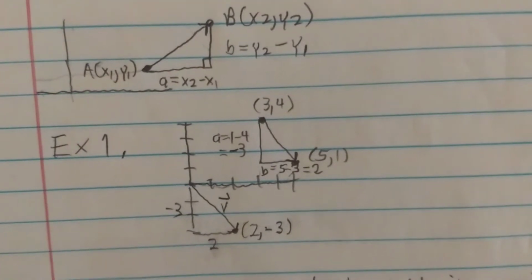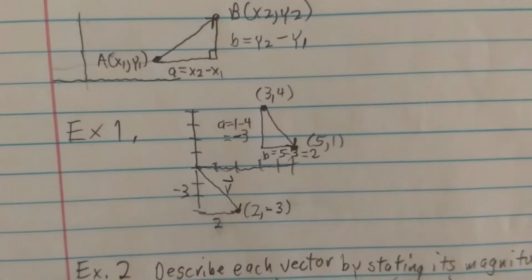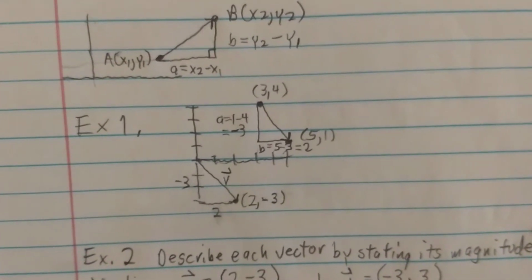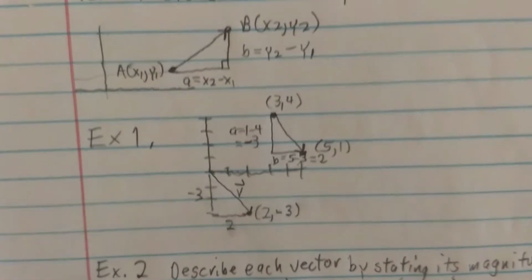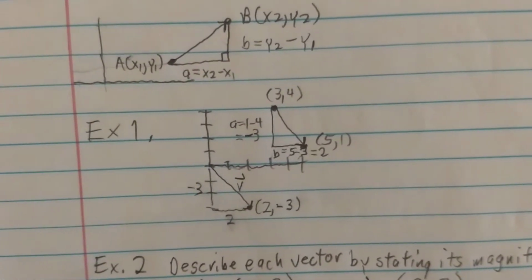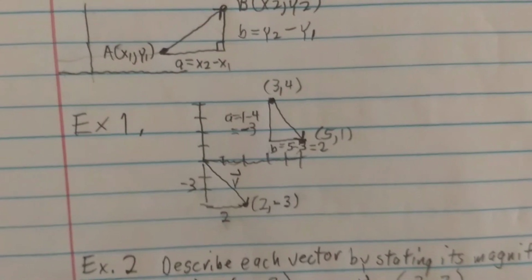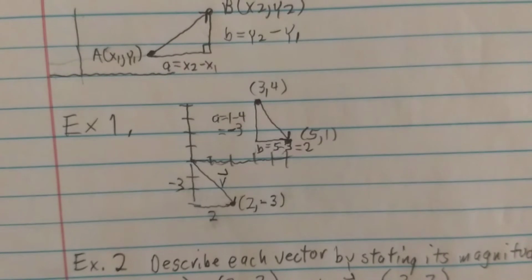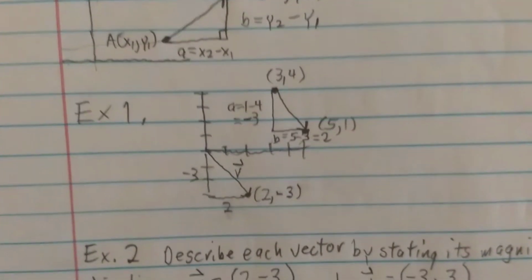So to get from A to B, we can go horizontally over, which would be x2 minus x1, and then up vertically, y2 minus y1. So we can think of it in terms of the components, horizontal component A and vertical component B, and the whole vector going directly from A to B.